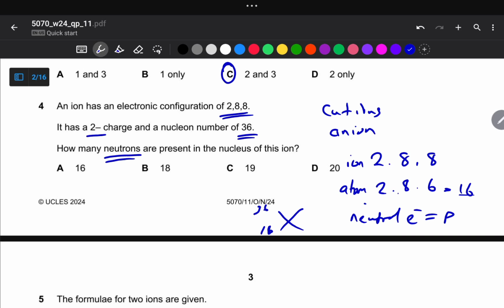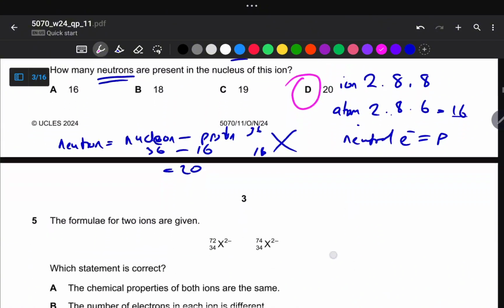The number of neutrons is equal to nucleon number minus proton number. So we simply say 36 minus 16, which is equal to 20. This makes D our correct answer.